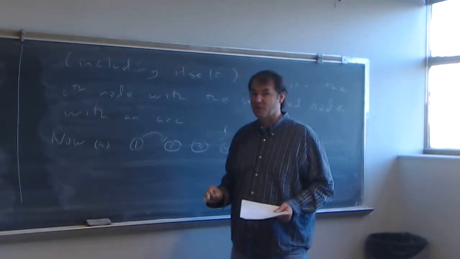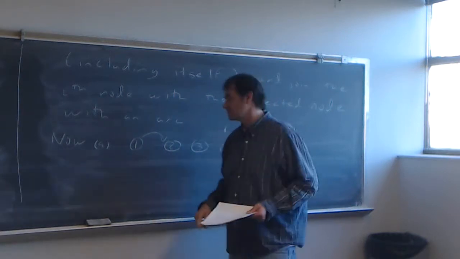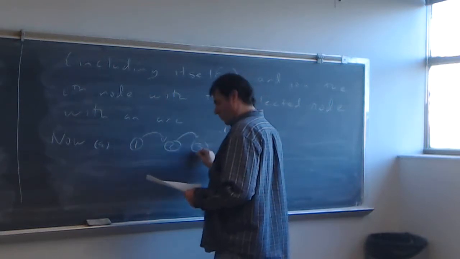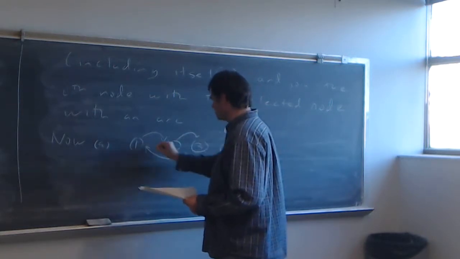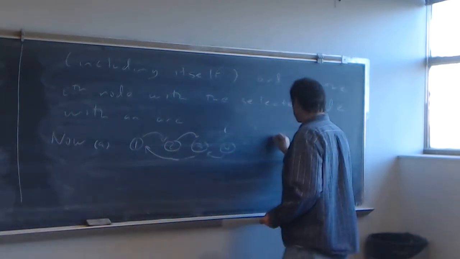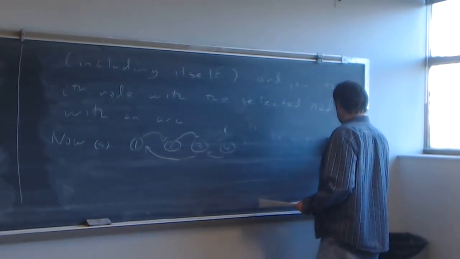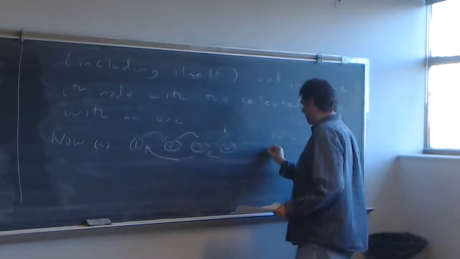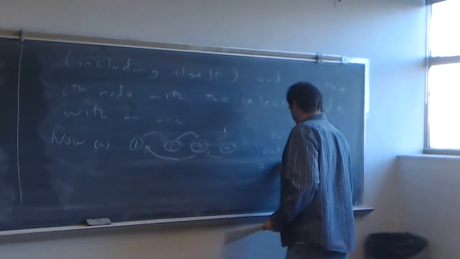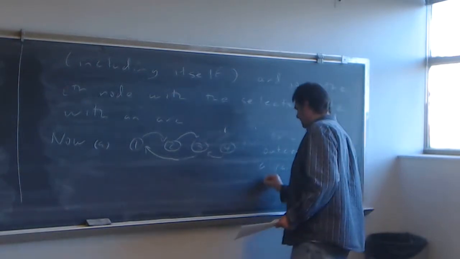We think of this as non-directional, but I'm just going to put these arrows so we can tell what x of i is. And then 2 goes to 3, 3 goes to 1, and 4 goes to 3. This is a possible outcome of a random graph that is connected.